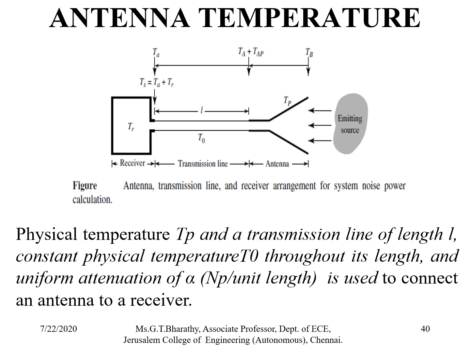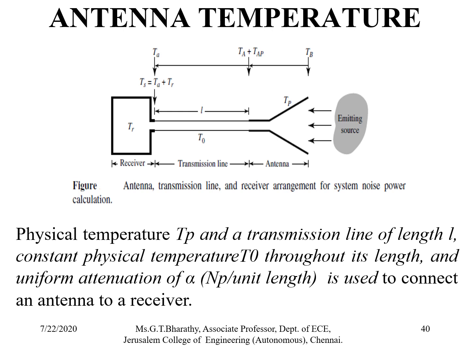So this is the setup for calculating the noise power of the receiving antenna. You can see you have the receiver. The receiver is connected to the transmission line of length L, and you have the receiving antenna. So from the free space, this receiving antenna is receiving the signal that passes through this transmission line and it reaches the receiver. There are many temperatures represented here in the diagram.